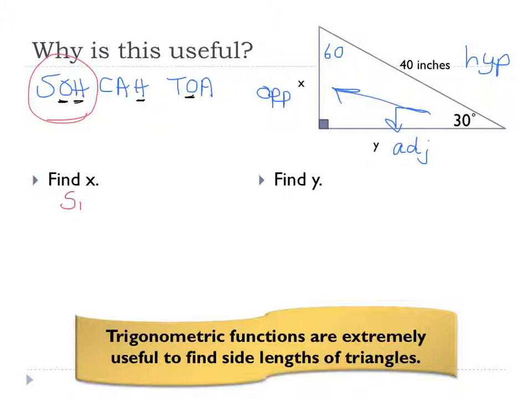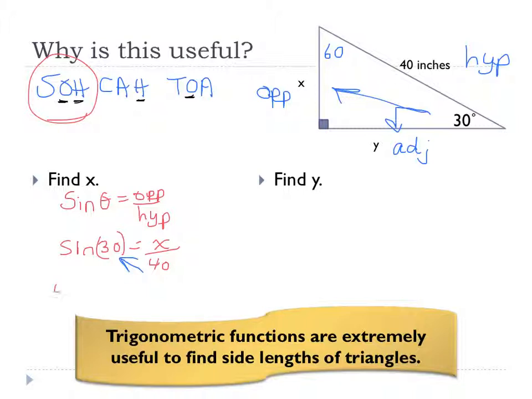So we've got sine of theta equals opposite divided by the hypotenuse. The sine of 30 degrees equals the opposite, which is x, divided by the hypotenuse, which is 40. To solve this, we're basically multiplying both sides by 40, which is where cross multiplication arises from.